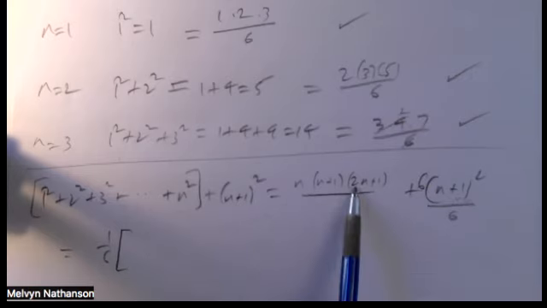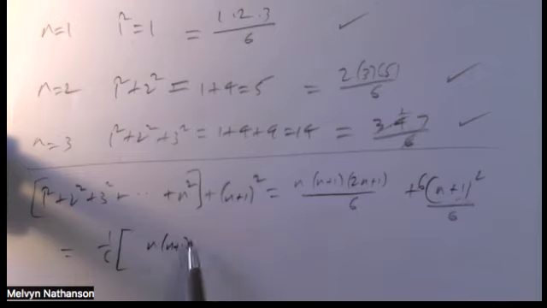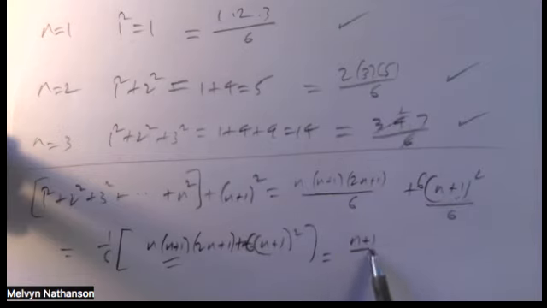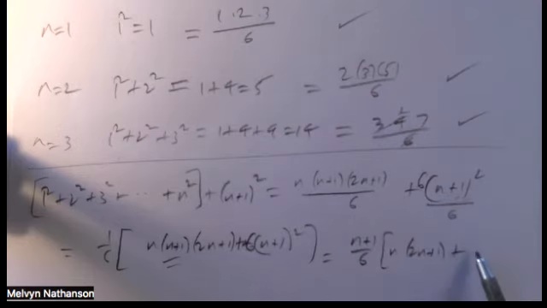So I have, well, I'll do it in 2 steps. N times n plus 1 times 2n plus 1, plus 6 times n plus 1 squared. Factor out an n plus 1, I have one of these and one of these. I have n plus 1 over 6, n times 2n plus 1 plus 6 times n plus 1.